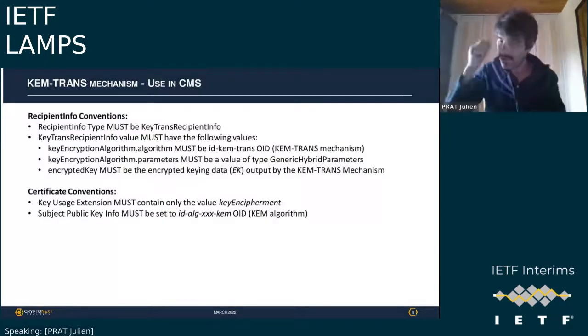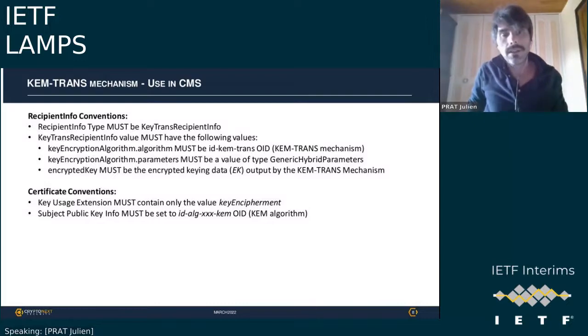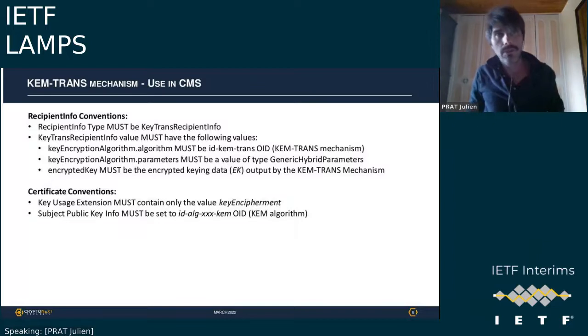Thank you. So after defining the cryptographic mechanism, some fields in the CMS have to be clarified regarding this new mechanism. Especially, the recipient info type in CMS must be set to KeyTransRecipientInfo.